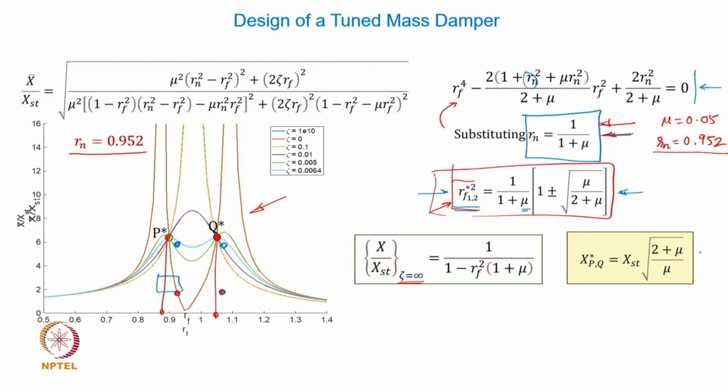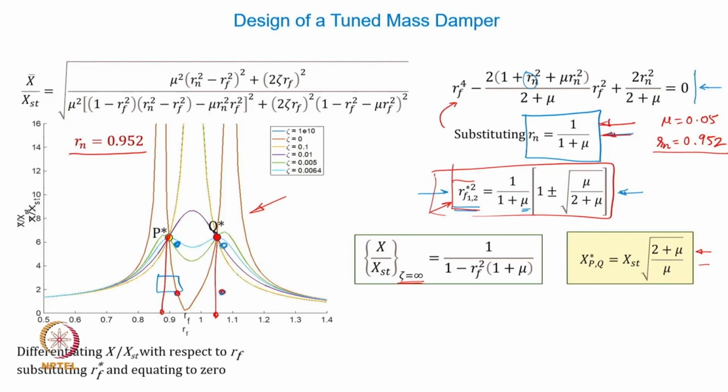Okay, so it means that once the tuning is done by way of choosing natural frequency ratios, the amplitudes get fixed to an expression given by this. That means it again is dependent only on the mass ratio, as we have found from this expression.